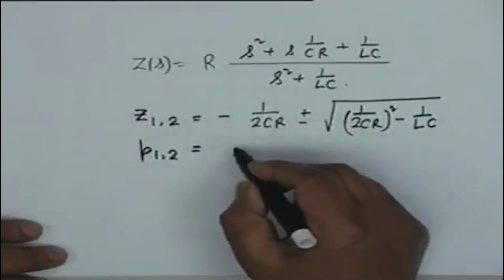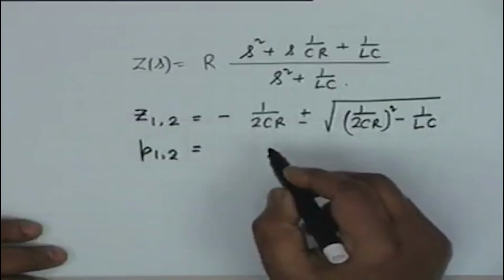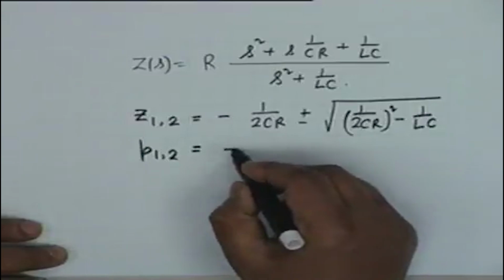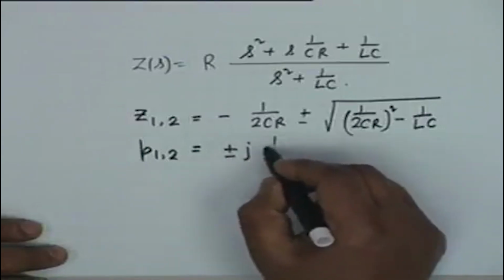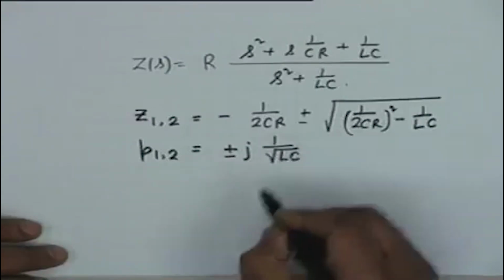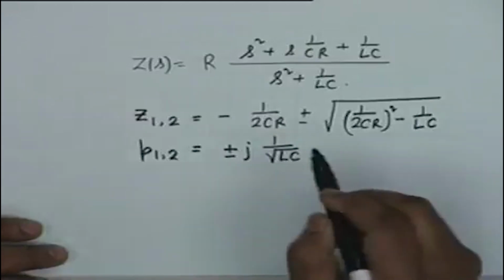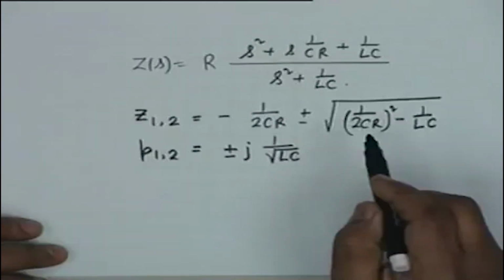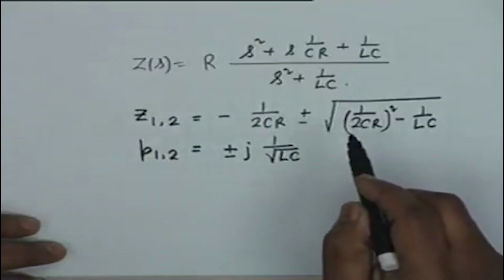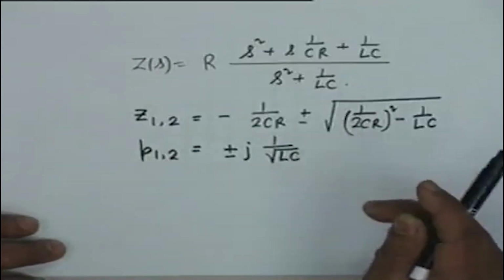Then you see these are purely imaginary, that is, plus minus j 1 over square root of LC. The roots of the numerator can be either real or complex.